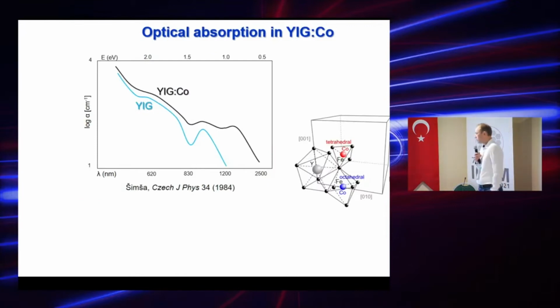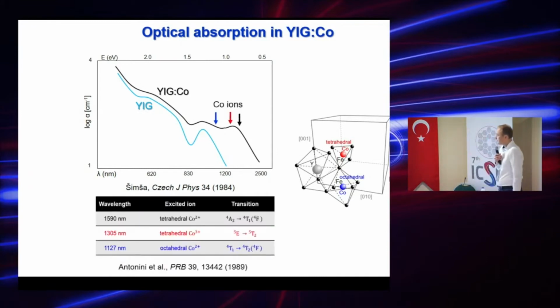If you look at the absorption spectra of our system, we can see a difference when you compare the pure yttrium iron garnet film and the cobalt-doped iron garnet film: a contribution from the cobalt ion in the near infrared range.